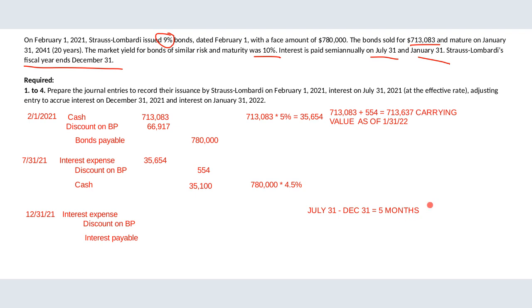We can do that. So for the interest expense, we're going to take our carrying value of 713,637 and multiply it by 5%. So that's the interest for the 6 months, right?